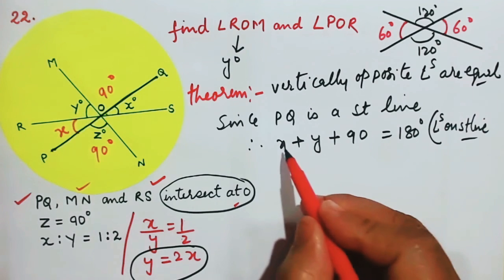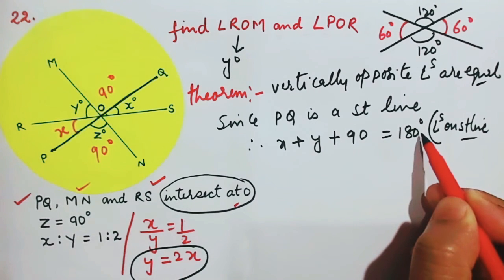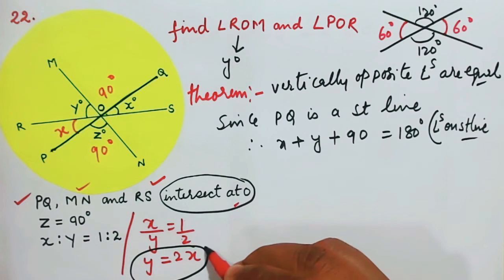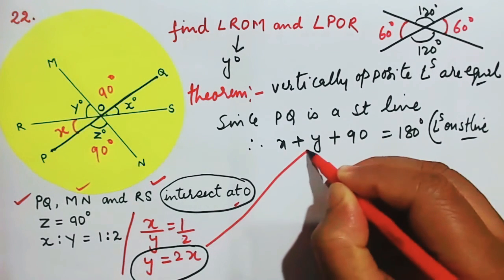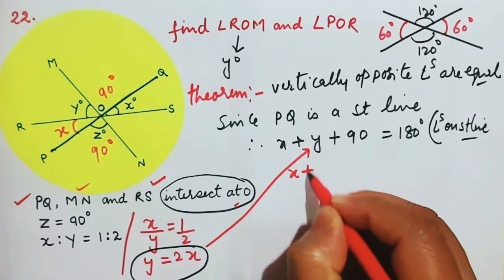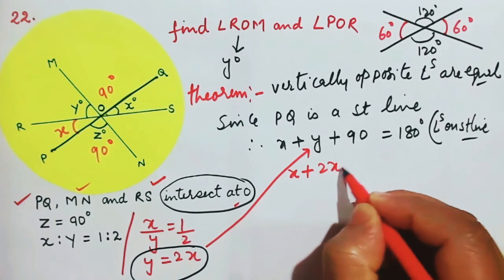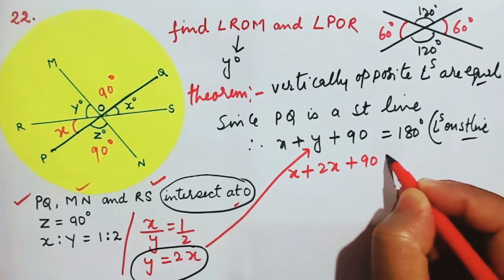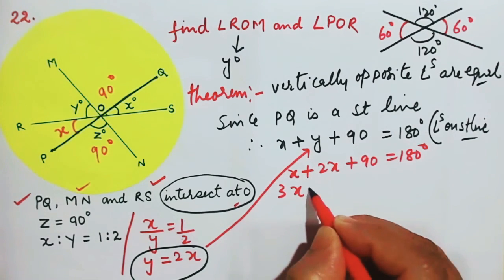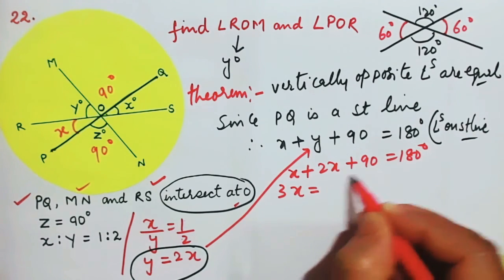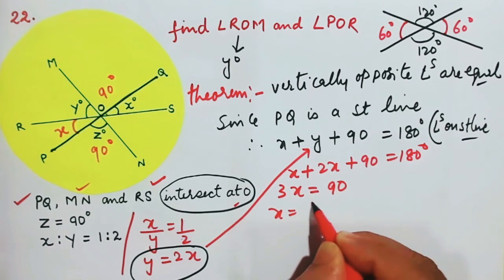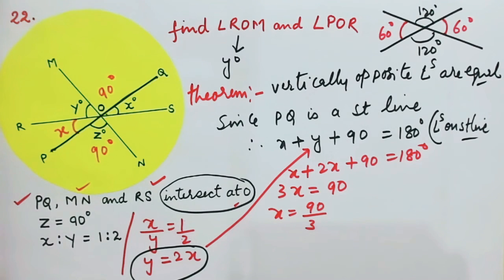Now x plus y plus 90 is equal to 180, and we well know that y is equal to 2x. So why not put the value of y over here? So x plus y will be 2x plus 90 is equal to 180 degree. 2x plus x, 3x is equal to 180 minus 90 is equal to 90, or x will be equal to 90 by 3.